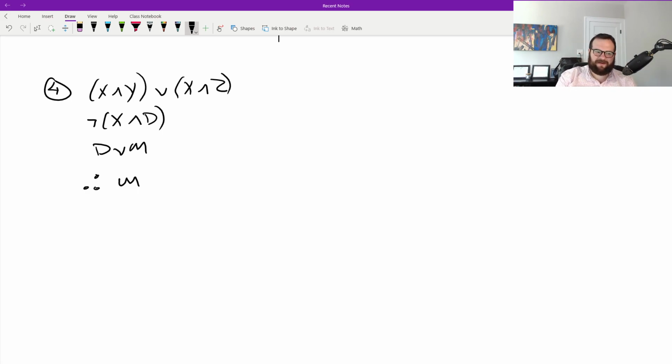Interesting. Now, how are we going to do this? Well, M appears only once in our premises, and it's part of a disjunction. So what is likely going to end up being necessary is that we can show that D is false, right? We need to show that D is false in order to use disjunctive syllogism.